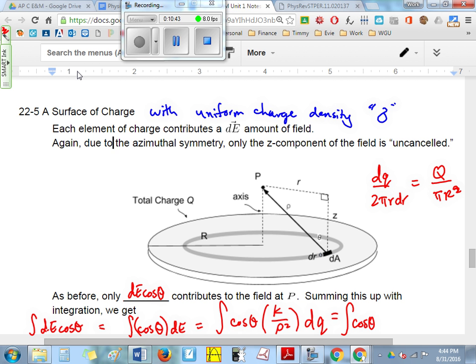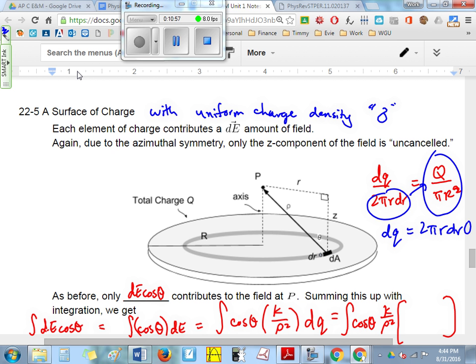So this is cos theta k over rho squared, and dq is going to be replaced with 2 pi r dr times total Q over pi R squared. That's a capital R squared on the bottom, and a lowercase r dr on top. So this is going to look like 2 pi r Q, and I'll put the dr outside completely.